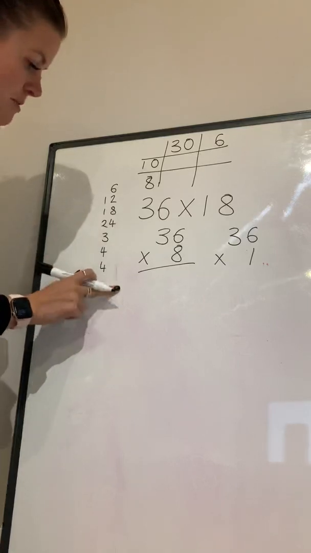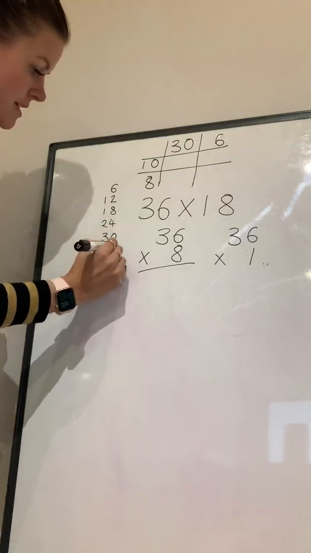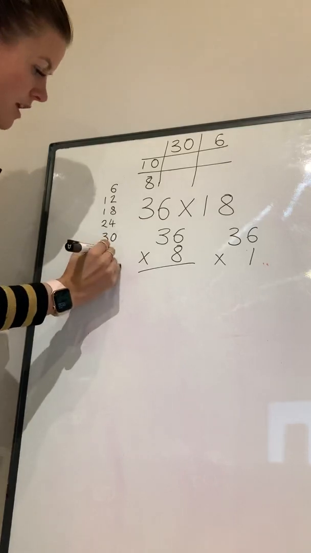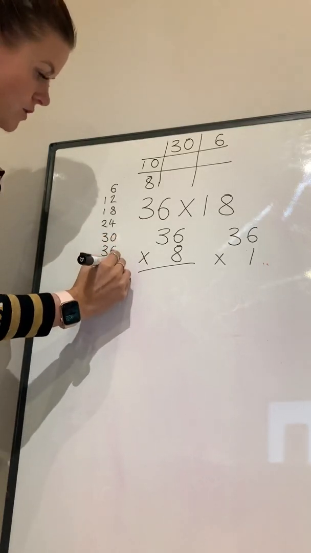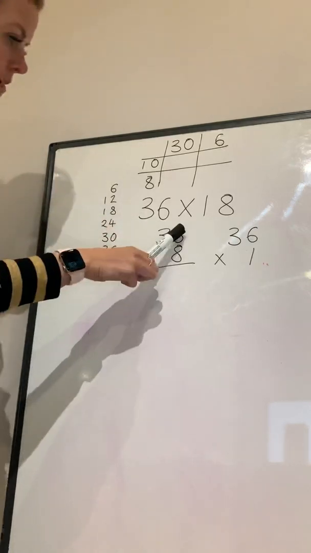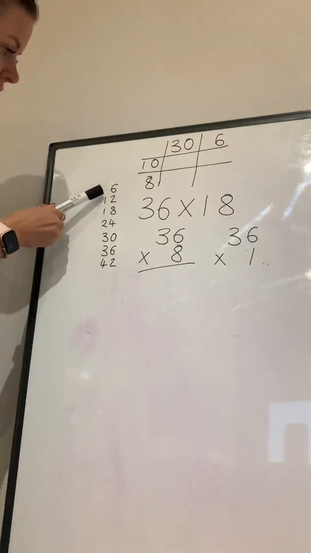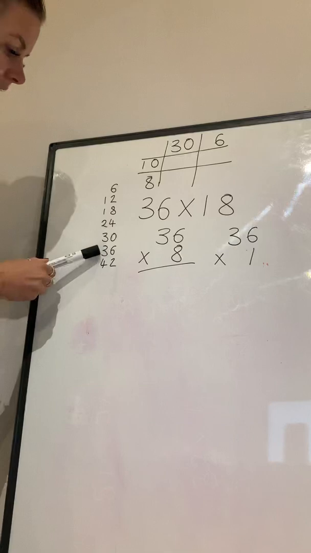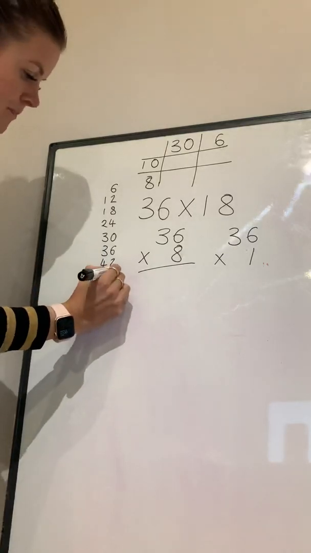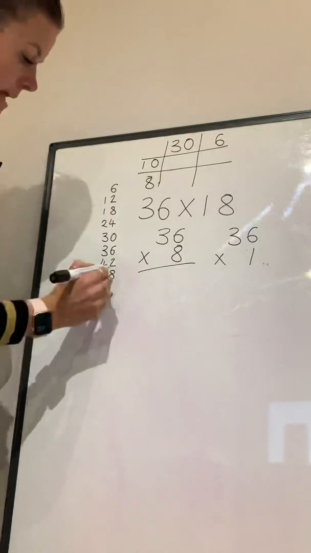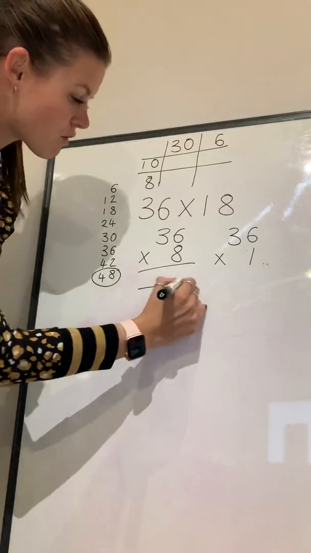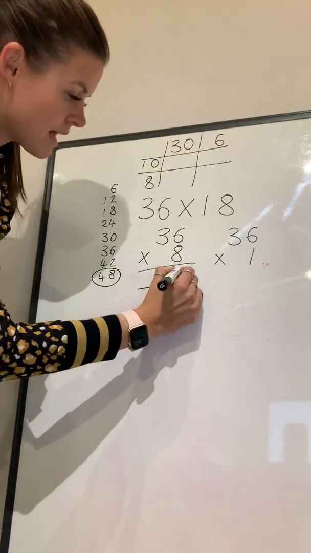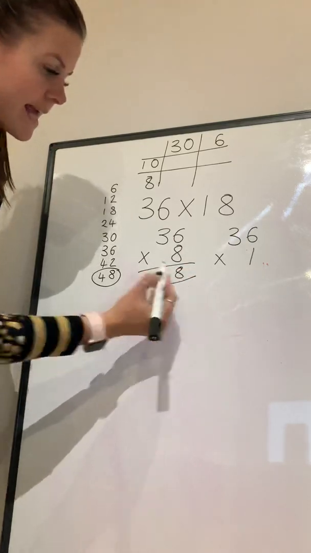Oh, I started to go into my 8s then. Hopefully you were sitting at home spotting my mistake. 6, 12, 18, 24, 30, 36, 42, and then I can keep going because I've got 6 times 8: 1, 2, 3, 4, 5, 6, 7, 8. 6 times 8 is 48. So I can record my 4 here and my 8 here, 48.